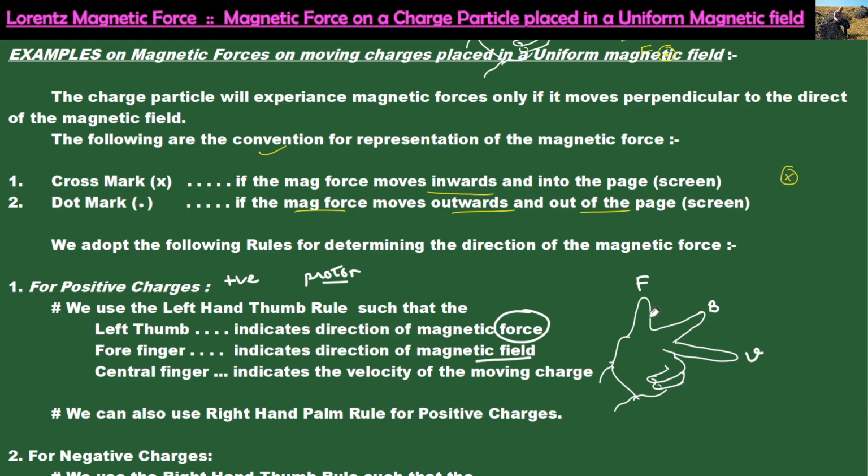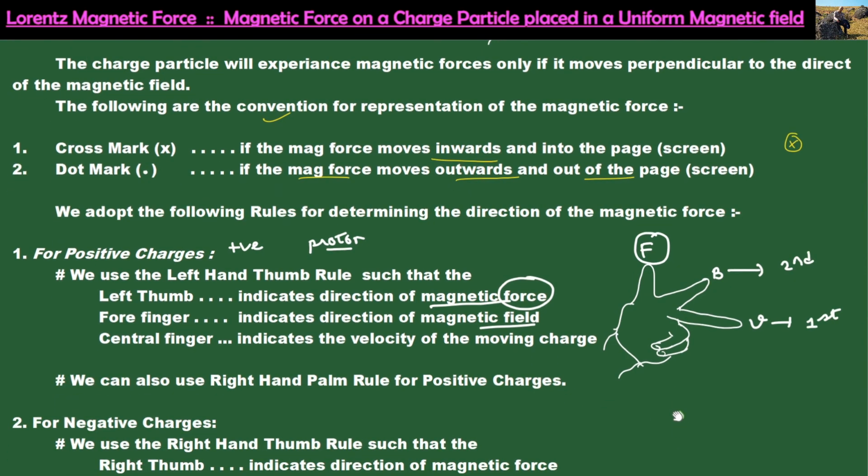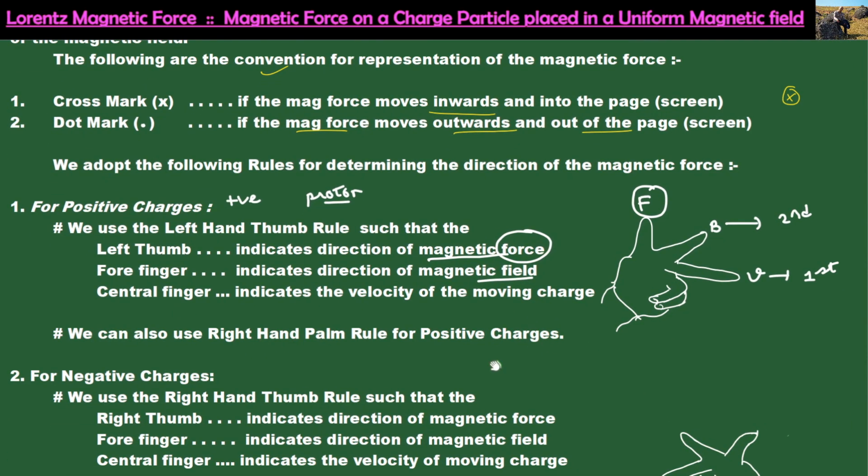First stretch your fingers in the direction of the velocity, then outstretch your fingers in the direction of the magnetic field. The direction in which the thumb points will indicate the direction of your magnetic force. Then you can also use your right hand palm rule for positive charges, which I will discuss in the next section.